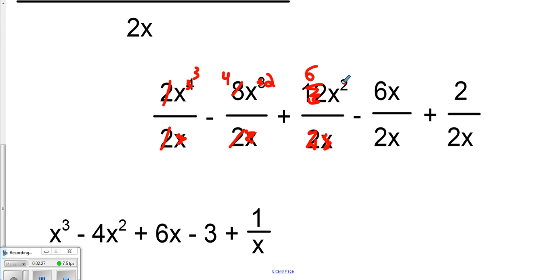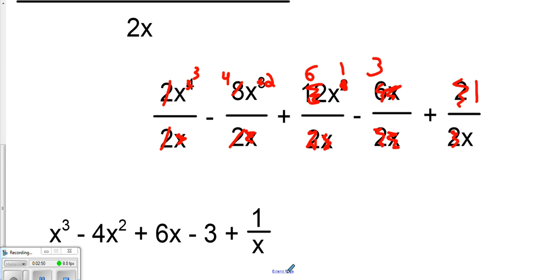This x cancels with one of those, leaving 1. 2 and 6 make a 3. x cancels out with x. 2 and 2 cancel out, leaving just a 1 on top. Now this x on bottom does not cancel out, so it needs to stay as a fraction, 1 over x.